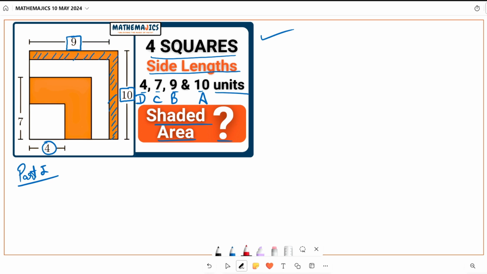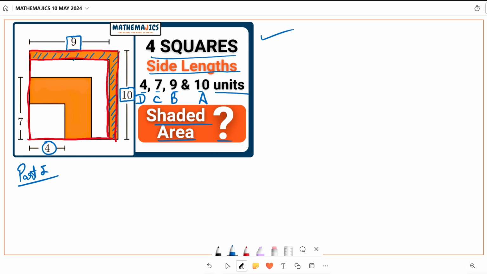Please look at the figure. We have two squares here. This square with the largest side length, that is 10. Now, if from the area of this largest square we subtract the area of this square, that is square B, we will get the area of part 1.